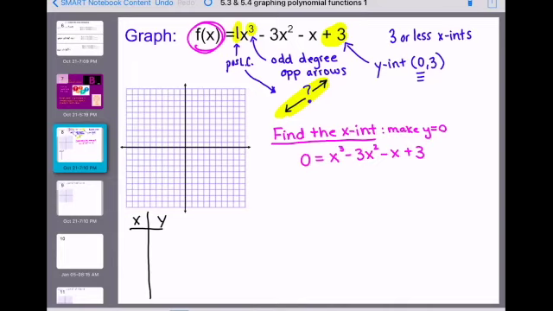You've got grouping method. You've got GCFs. You've got sum and difference of two cubes formulas. Those are your SOAP formulas. You've got rational zero theorem. Those are all the ways you might have to solve. So look at this one and go ahead and try to solve using one of those methods.